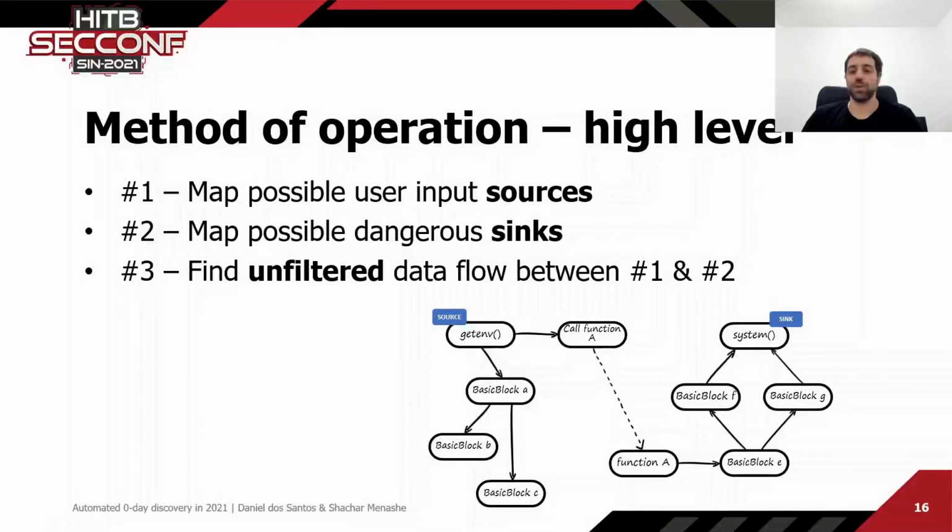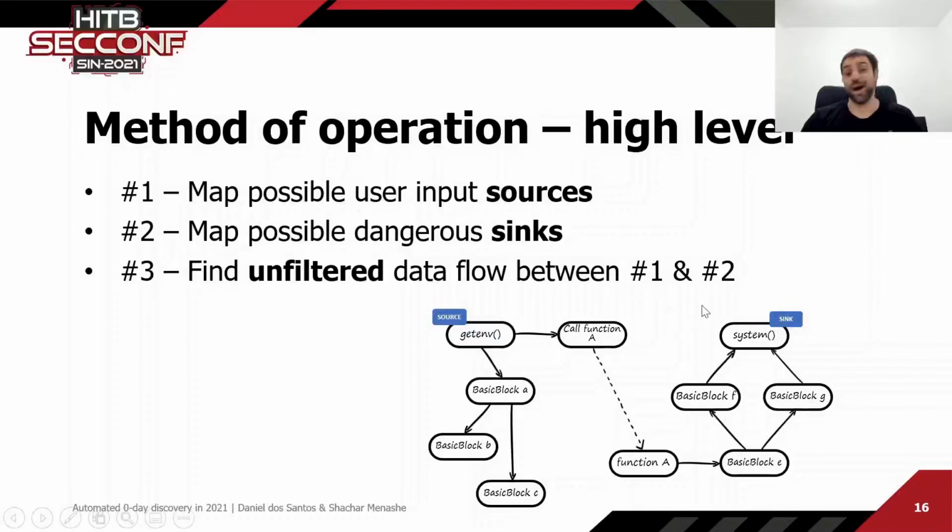So in this case, it would be a command injection vulnerability. So this is the high level operation of the system, and this is what we're going to discuss. And each part obviously, we can delve into individually.